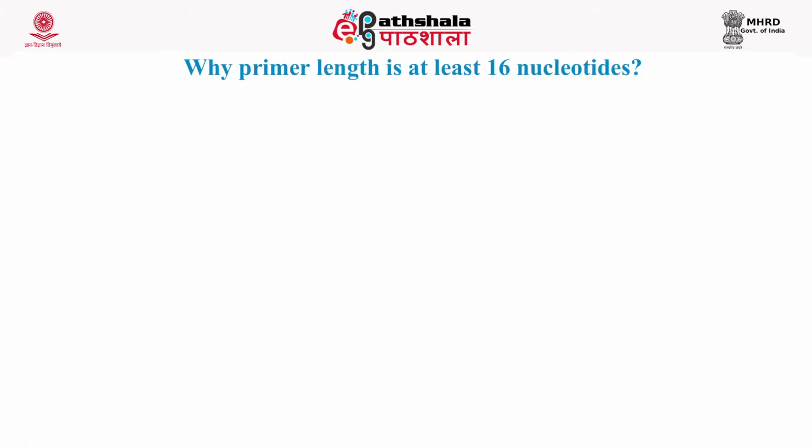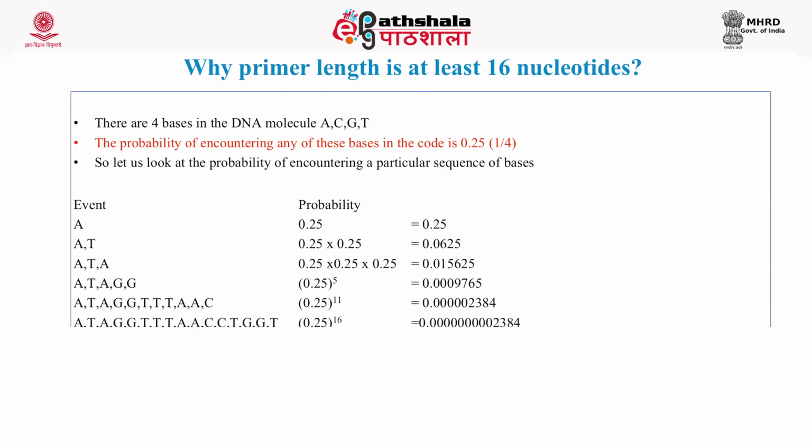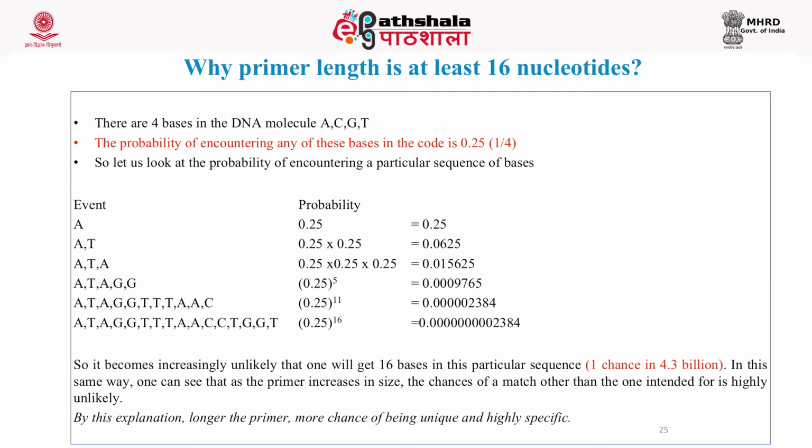Why is a primer length of at least 16 nucleotides important? We know that there are 4 bases in the DNA molecule: adenine, cytosine, guanine and thymine. The probability of encountering any of these bases in the code is 1/4, that is 0.25. So let us look at the possibility of encountering a particular sequence of bases.